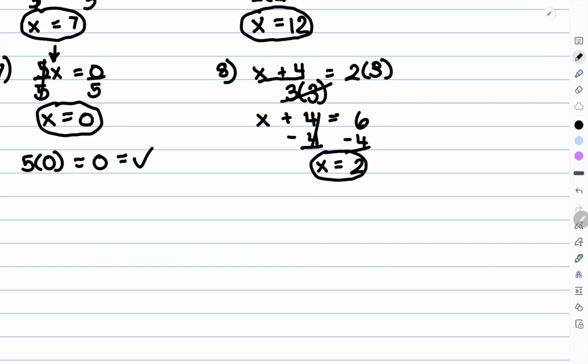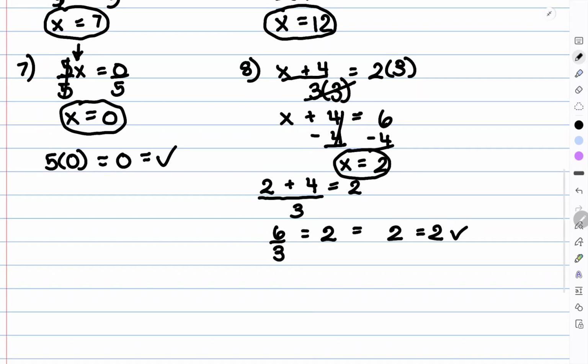Now if you wanted to check that, you could do it. Basically just plugging into our original problem, 2 plus 4 over 3 equals 2. So 2 plus 4 is 6 over 3 equals 2. 6 divided by 3 is 2. And does 2 equal 2? Yes, it does. So we did our problem right.